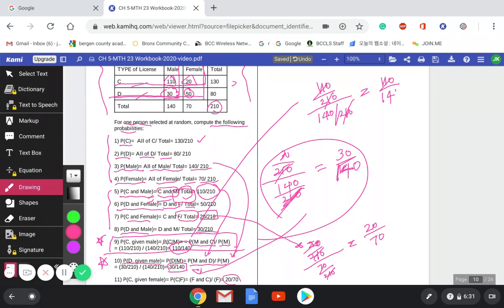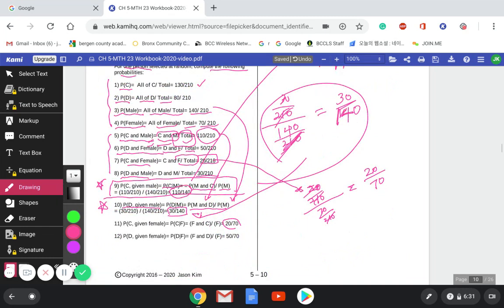And the probability of driver D given female: a female who has a D license is 50 out of 210, and female is 70 out of 210.